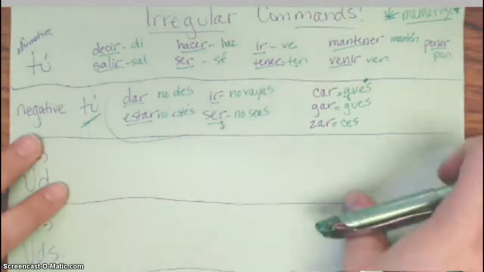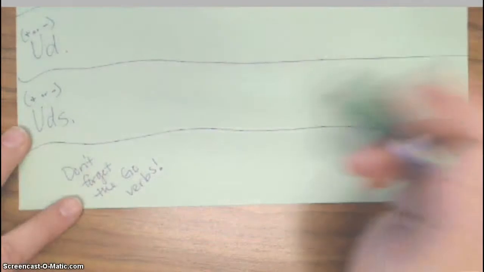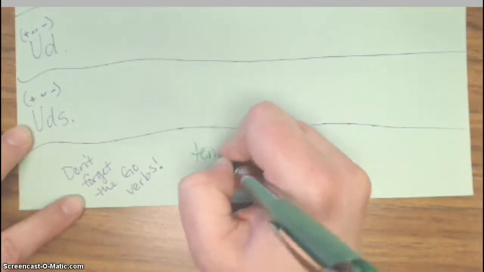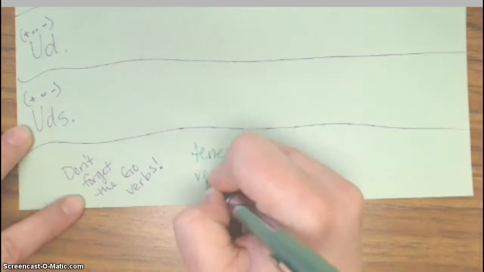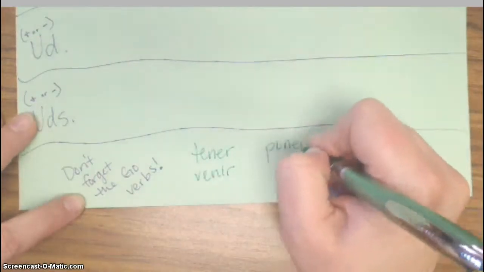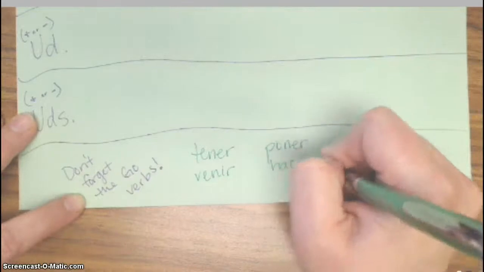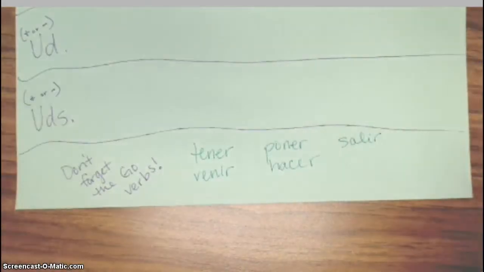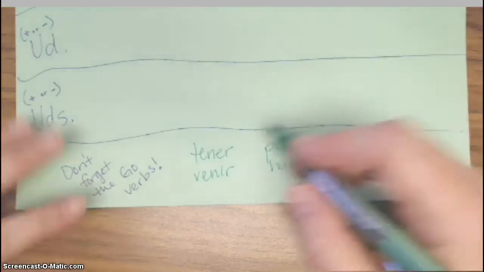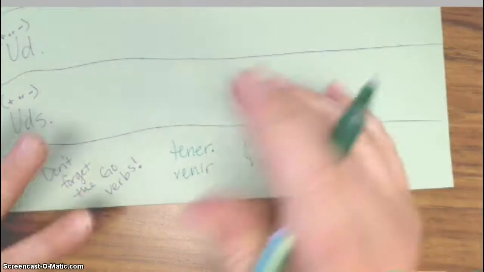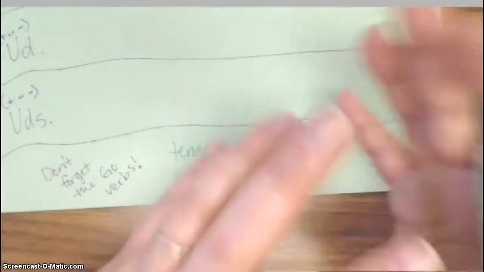Okay? And you also don't want to forget the go verbs. So any of these, tener, venir, poner, hacer, salir. I'm sure there's other great go verbs that I'm forgetting about. But as far as these go and as far as the rest go, it's the same way. Put them in the yo form first. That's what's important.